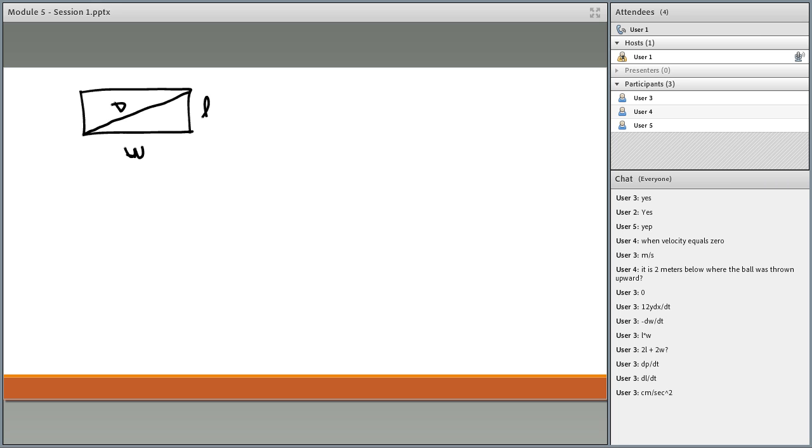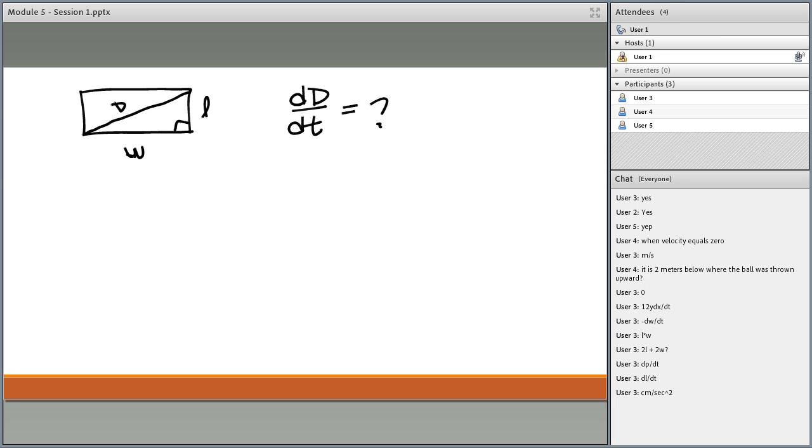So just like the last ones, we're trying to find the rate of change of the diagonal, so how the diagonal is changing. So this is what we're trying to find. What do we know? What can we start with? Well, do we know how to find the length of the diagonal?